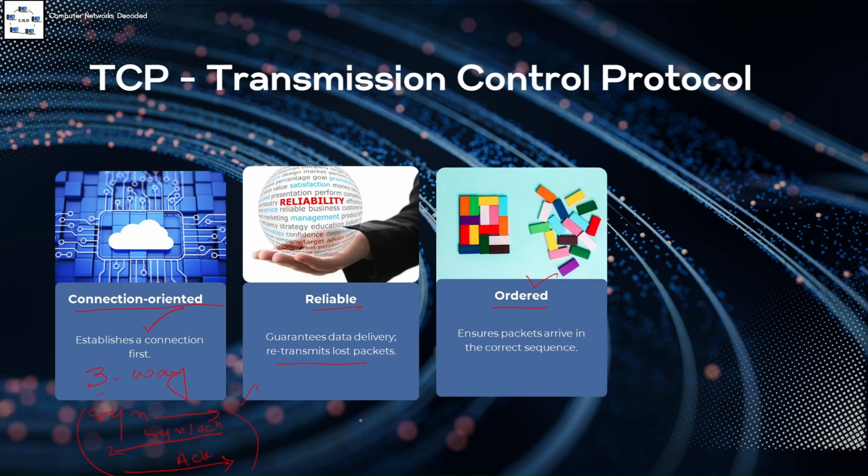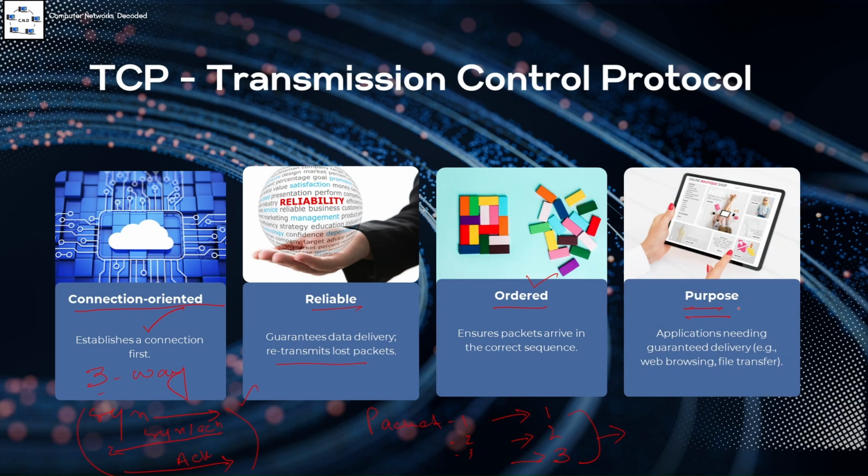So if you send packet 1, let's suppose, then packet 2, and then packet 3, these will be received in order at the receiver. The receiver will receive 1, then 2, and then 3. And even if they are received out of order, they are ordered before handing over to the destination application.